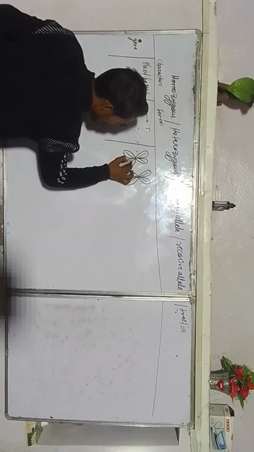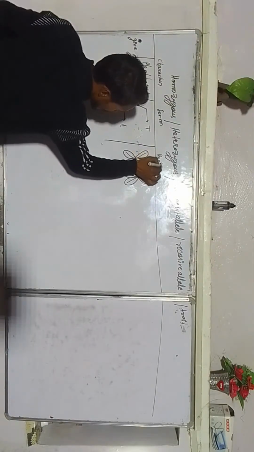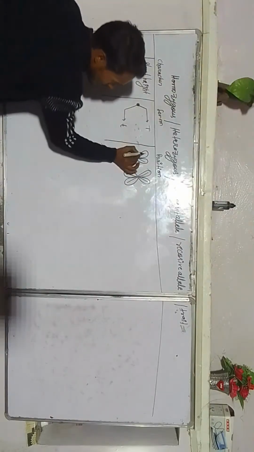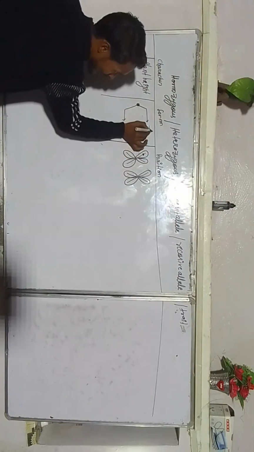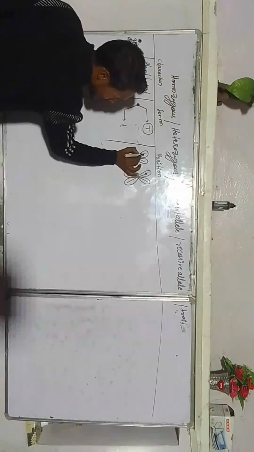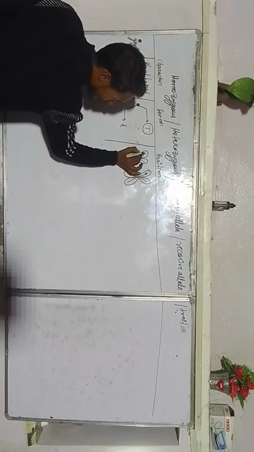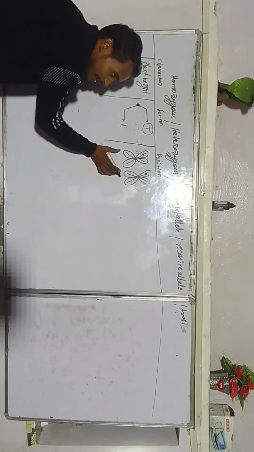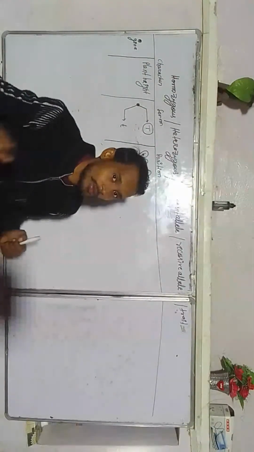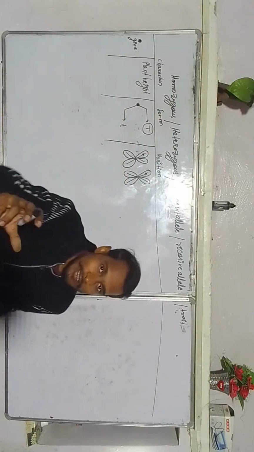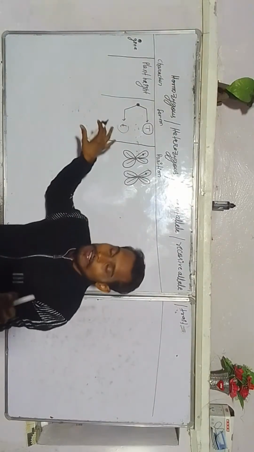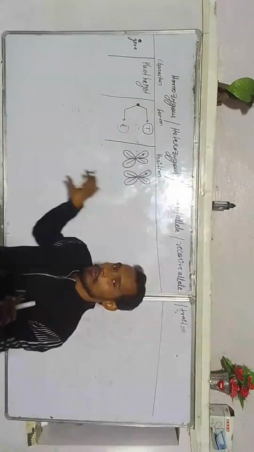Just listen. Position. Suppose the capital T chromosome is here and the small t chromosome is here. The small t allele is here and the capital T allele is here. So this condition of chromosomes is called homologous chromosomes, because the genes, that means the alleles, are present at the same locus in the chromosome.